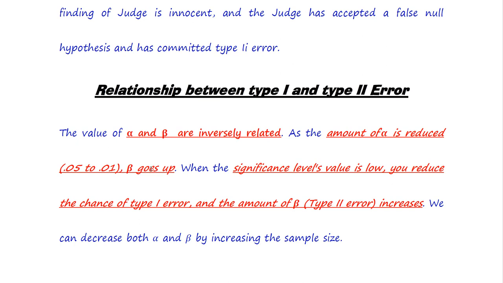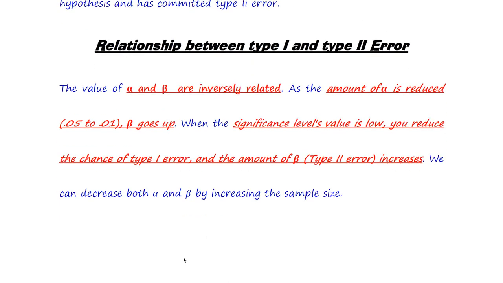When the significance level value is low, you reduce the chance of type first error and the amount of beta, type second error, increases. We can decrease both alpha and beta by increasing the sample size.